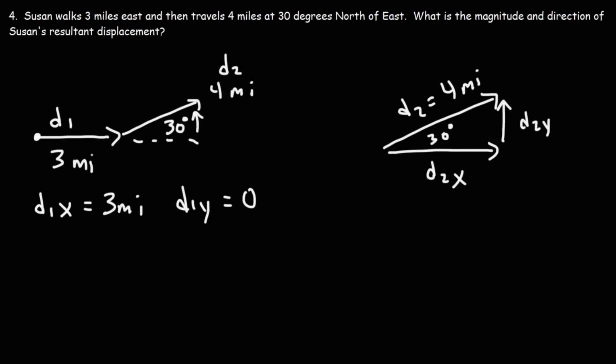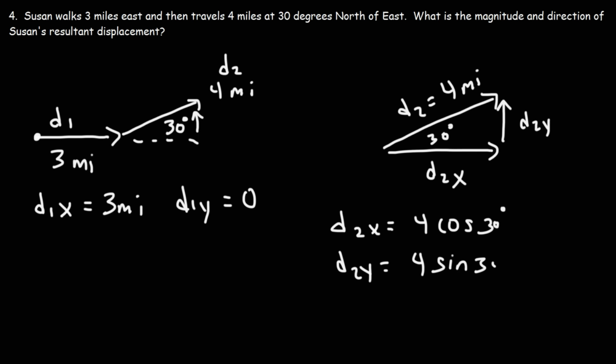To calculate the horizontal component, it's going to be D2 times cosine theta, or in this case, cosine of 30. And D2 is 4, so it's going to be 4 cosine 30 degrees. D2y is going to be 4 sine 30.